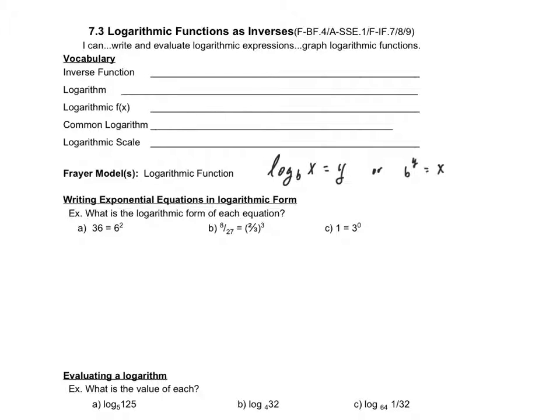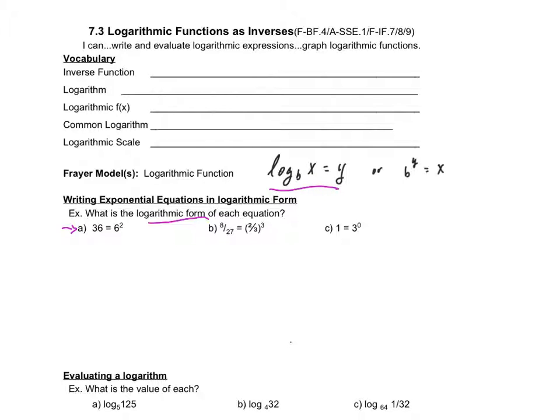And then, coming down here to a, it's asking us, what is the logarithmic form of each equation? Well, it looks like it's written currently in exponential form, so we want to get to the logarithmic form.